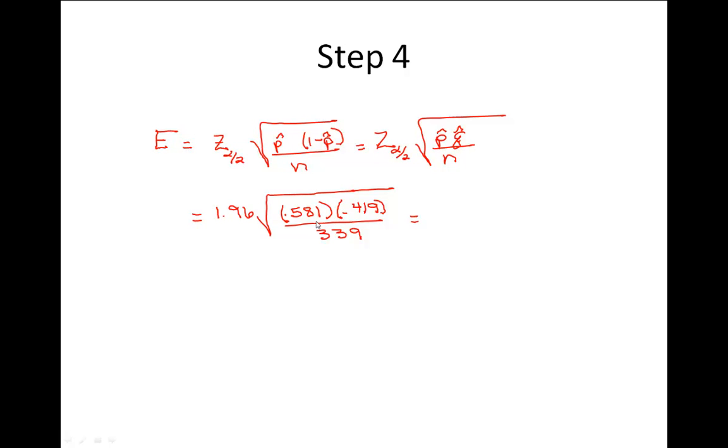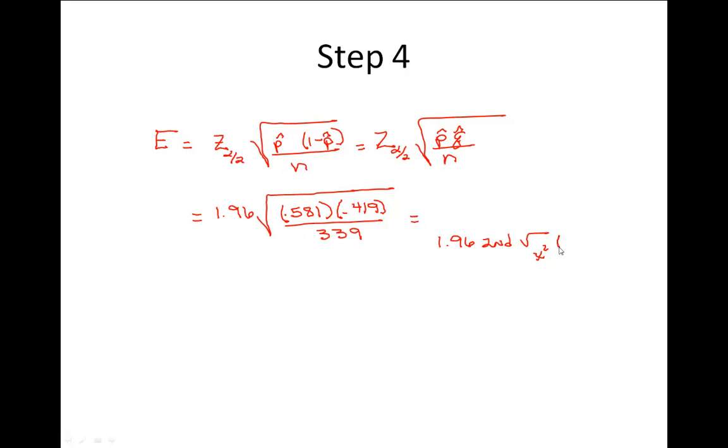The best effort that you can do is just to type it in. Type in 1.96, then second, and then your square root button, which is above your x squared.